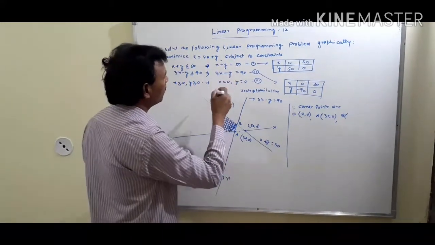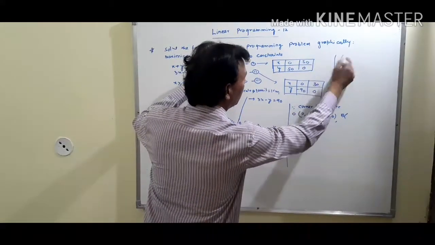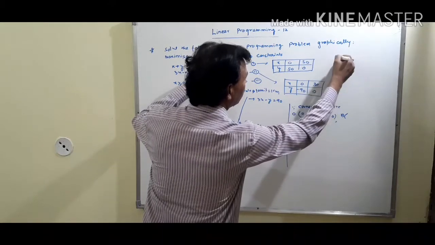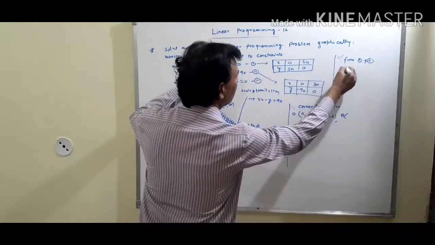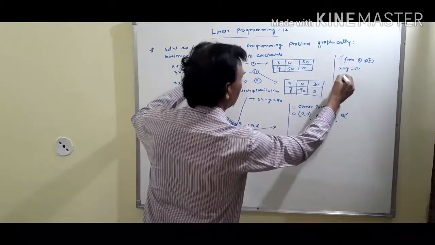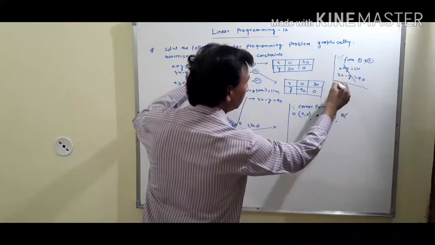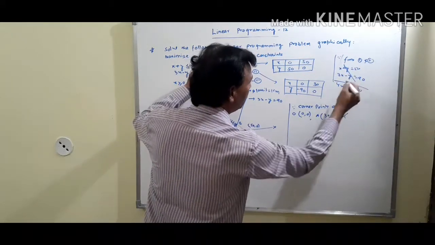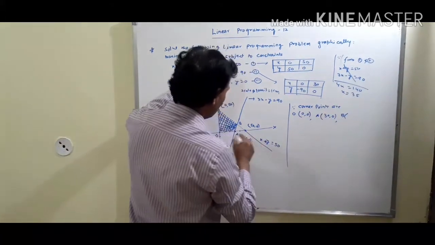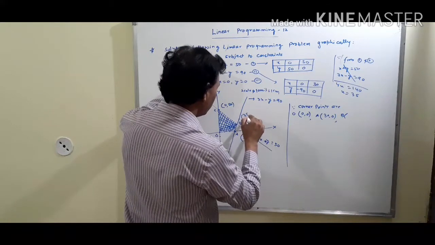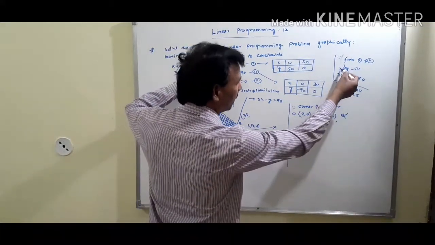If we solve equations 1 and 2, x plus y equal to 50 and 3x minus y equal to 90, adding gives 4x equal to 140, so x will be 35.